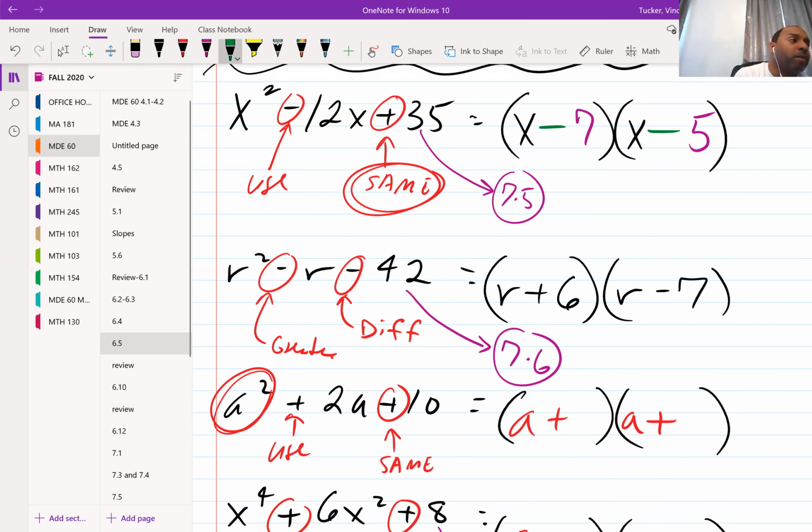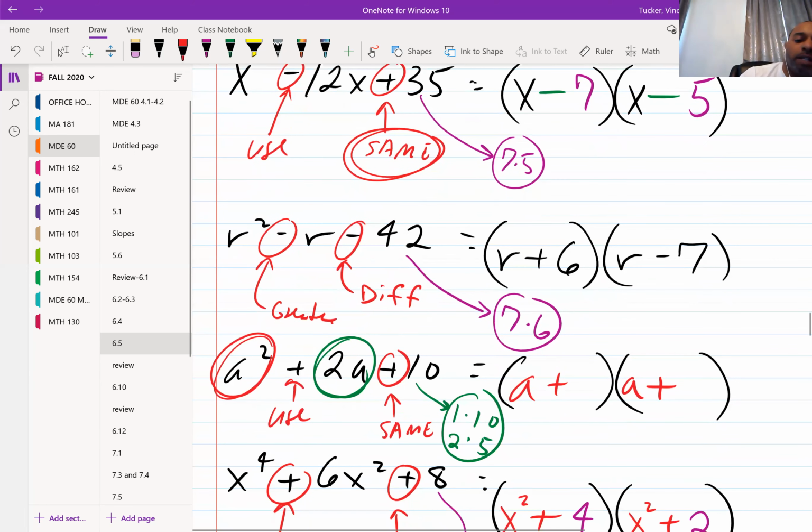Now we're looking at 10. We need our factors of 10, two numbers that will multiply together to give us 10, but they have to add together to give us this 2a in the middle. So 1 times 10 and 2 times 5 are our only ways to get 10, and neither one of those will add together to give us 2.